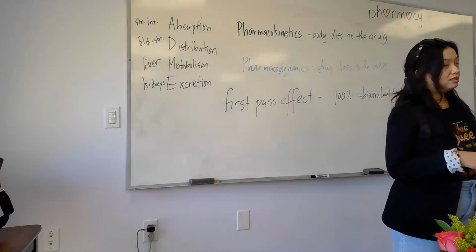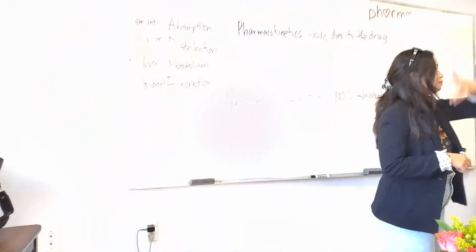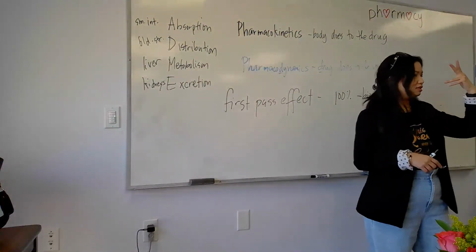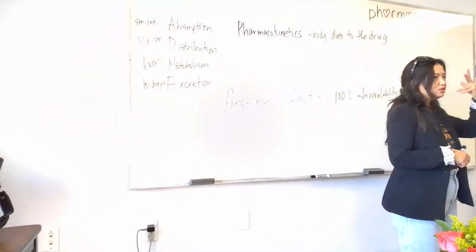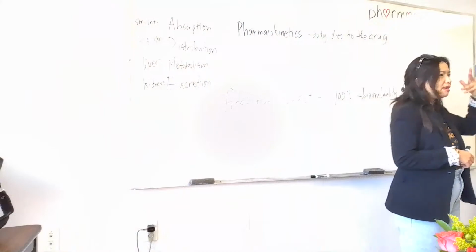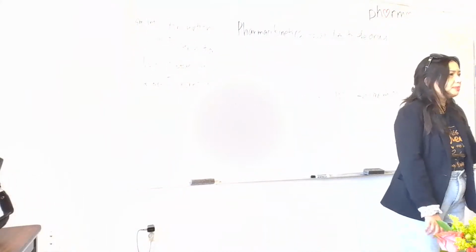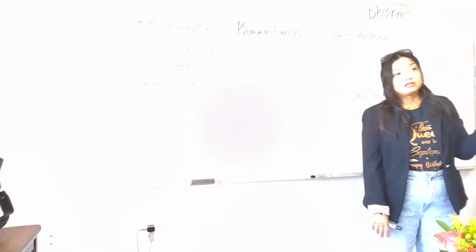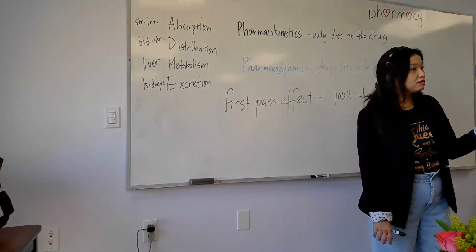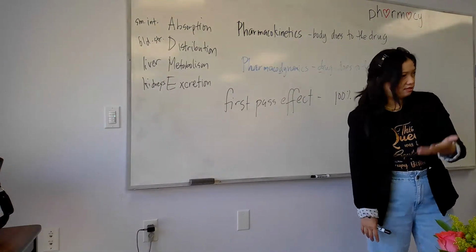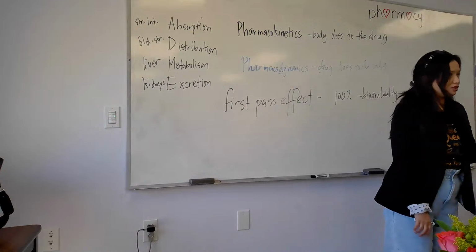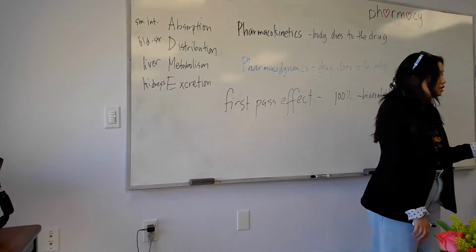Picture this. Somebody's face was damaged from an accident. Could you force that person to take the medication by mouth? No. So what's the form that we're going to have to give that patient? Injectable. The patient kept vomiting. Are we going to force that patient to take a tablet, a capsule, or even a solution?